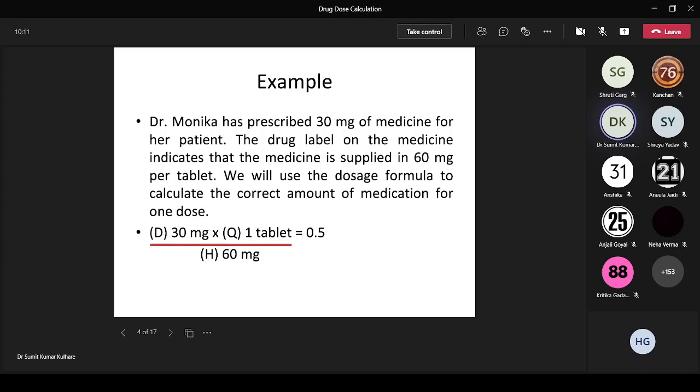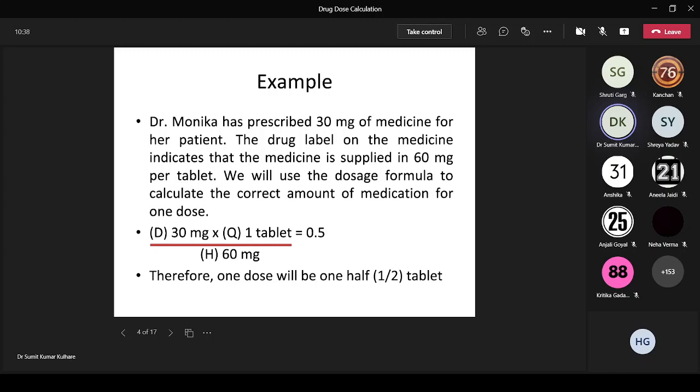It's available in one tablet. So if you put all these values, you will get 0.5. You have to administer 0.5 tablet, or basically one dose will be the half tablet. So to achieve this 30 milligram dose, the patient must take half a tablet of a 60 milligram strength tablet.